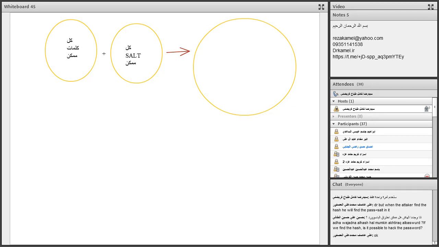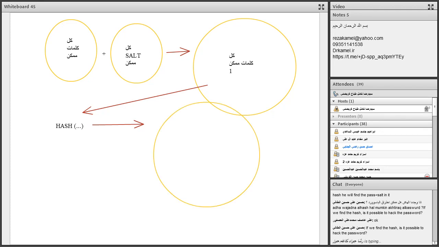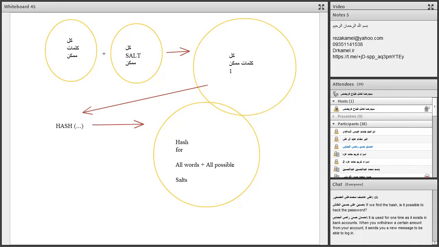Again, all possible words plus salts, and then you can hash it. But it's far bigger. You can have hashes for all words plus all possible salts. So it's possible that you also use hashes to hash all the possible words, but it's a bigger space and it's more difficult for the hackers.